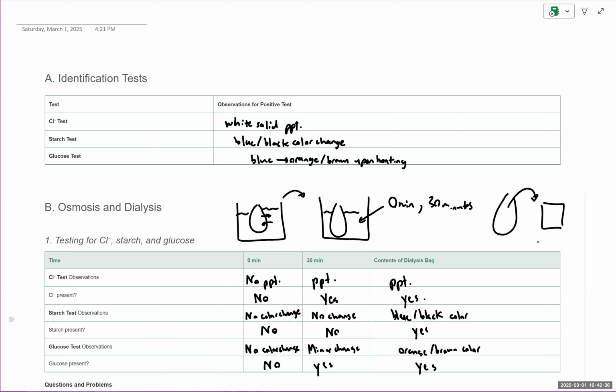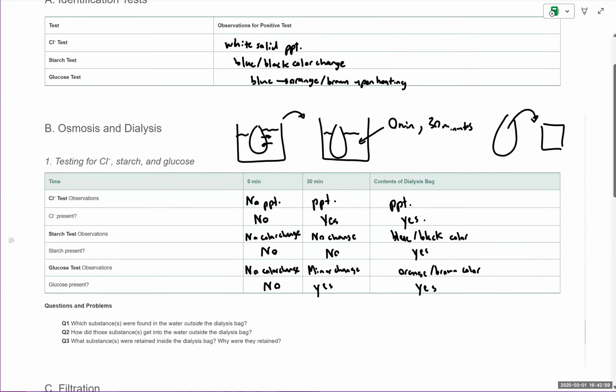So as we can see, some compounds stay in the dialysis bag while other compounds are able to pass through and escape the dialysis bag. This is how dialysis functions. It is a membrane that is permeable to a select group of ions or other soluble compounds.